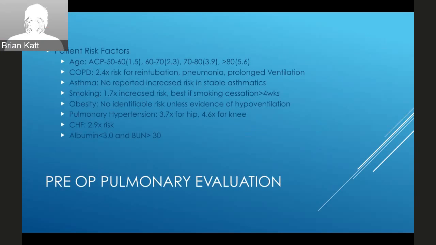Pulmonary hypertension curiously had special identifiable risk for patients undergoing orthopedic surgery, particularly hip and knees. So if you get a patient that has a history of pulmonary hypertension, those are someone that may need particular attention in the perioperative period. Their risk can be upwards of 4 or 5 times higher than baseline in the presence of pulmonary hypertension.